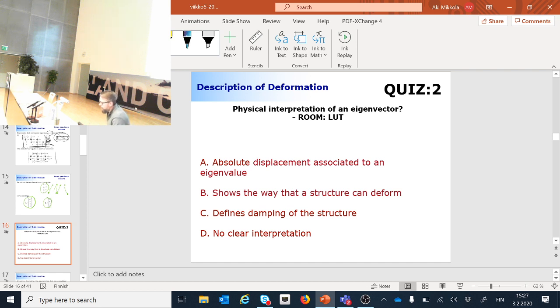Absolute displacement associated with eigenvalue. The way that a structure can deform. Defines damping of the structure. No clear physical interpretation. Sorry that my circuit is off, so I need to put it back on.